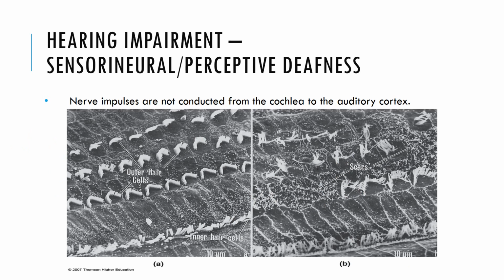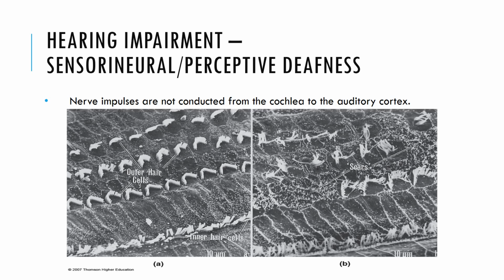The other type of hearing impairment is sensorineural or perceptive deafness, and this may be due to nerve impulses that are not conducted from the cochlea to the auditory cortex. And so this may be due to damaged hair cells, a lot of times from loud noises over time, and may only impair hearing of particular sound frequencies and not others.